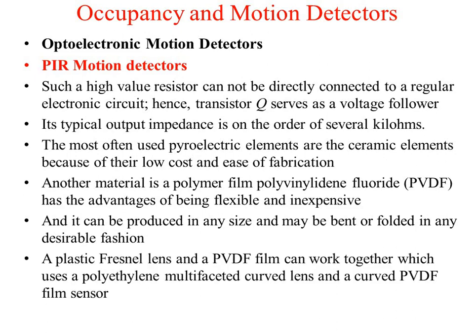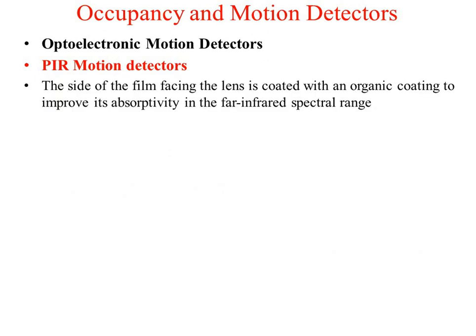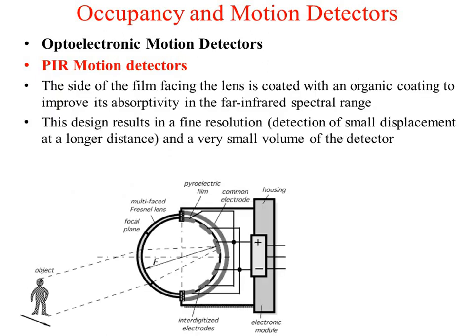So this PVDF film and the lens can work together to form a multifaceted curved lens. I'll show you the diagram in the next slide so you can easily understand how it works.